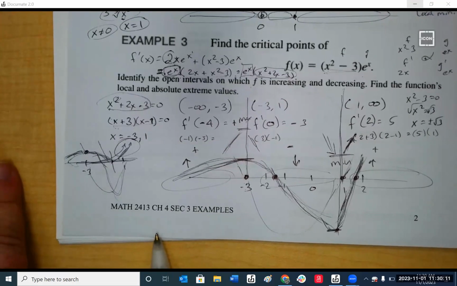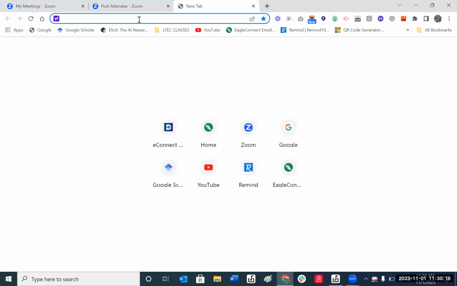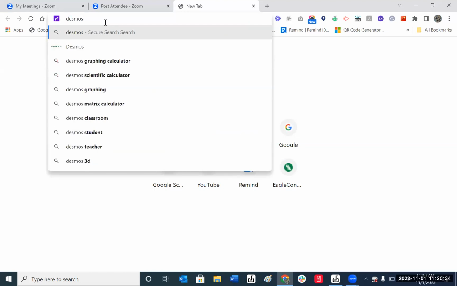Desmos is a graphing calculator. Let me show you what this is. Go to desmos.com.